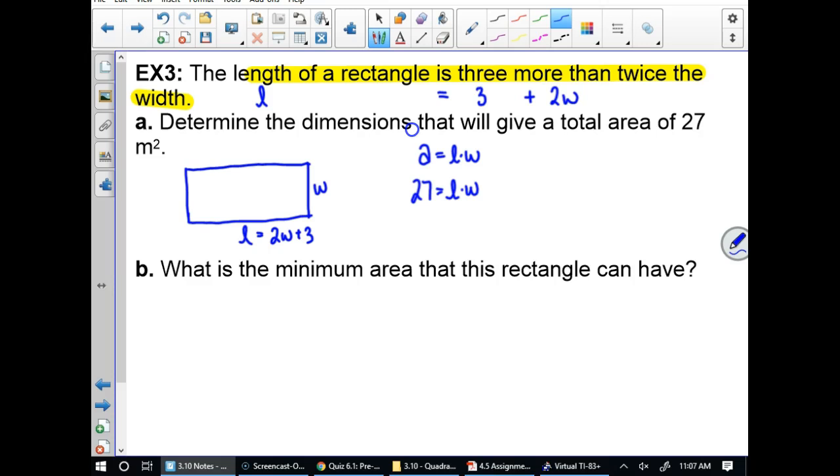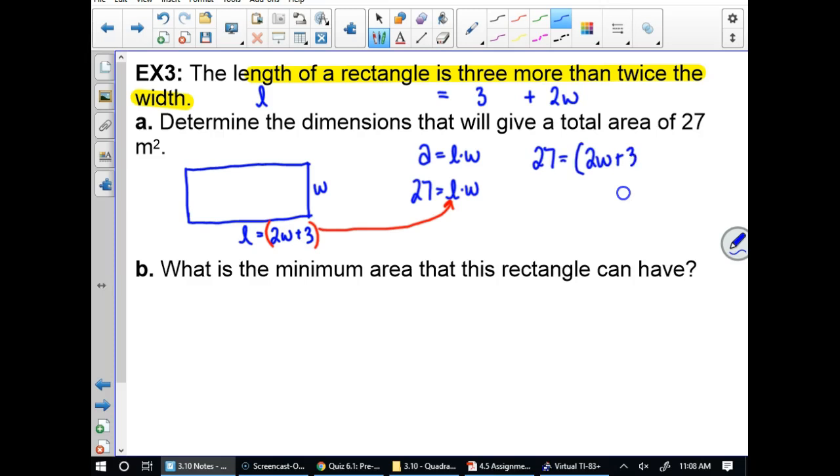So if the length is the same as 2W plus 3, I can replace L with 2W plus 3. So that means in this equation right here, I can take 2W plus 3 and put it right there for the L. So I get 27 equals 2W plus 3.